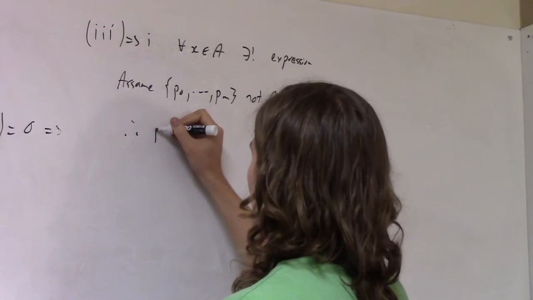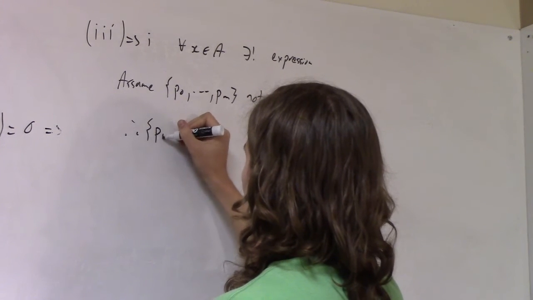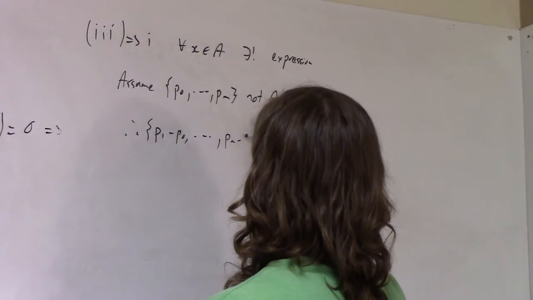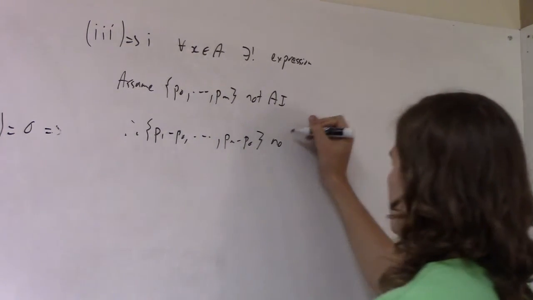Therefore, the set of P1 minus P naught all the way to PM minus P naught is going to not be linearly independent.